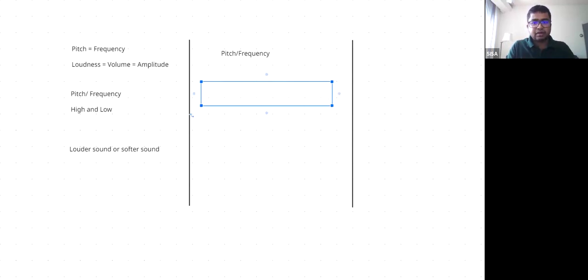So the shorter the vibrating column, the shorter the vibrating length, the smaller the vibrating column, the smaller the vibrating length, the higher the frequency.